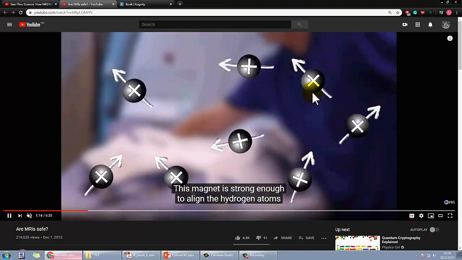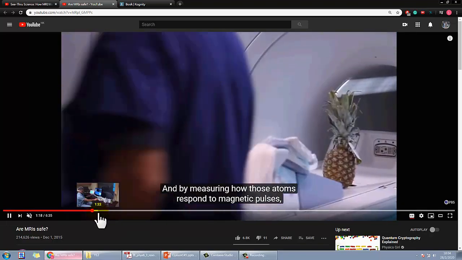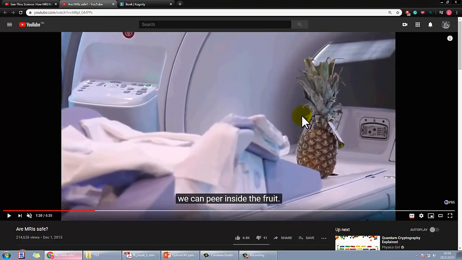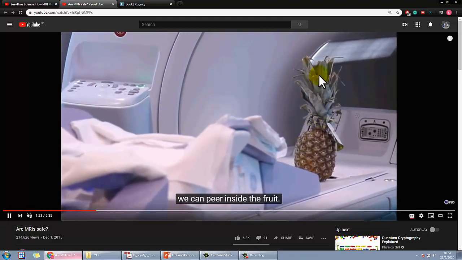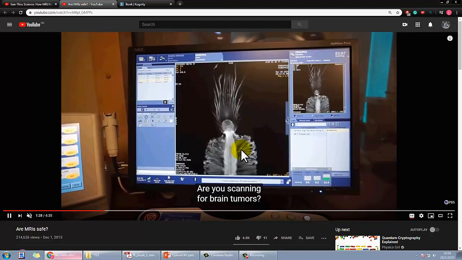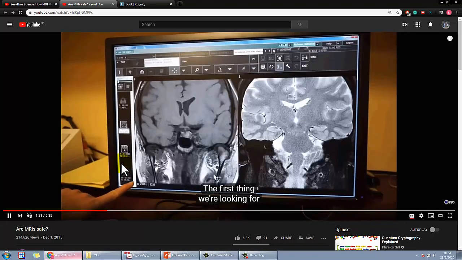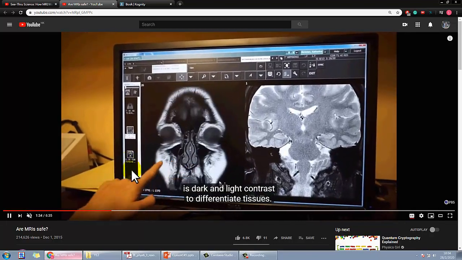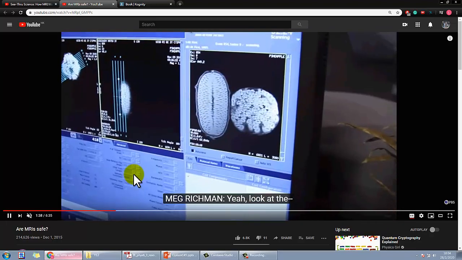But I think seeing the real thing through the video can at least help you understand more. So this one is a very interesting experiment where they put a pineapple inside the machine, so you can see how it looks by different layers. It's actually quite quick also.